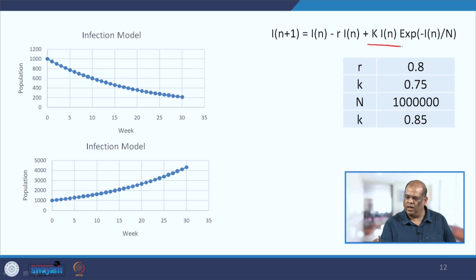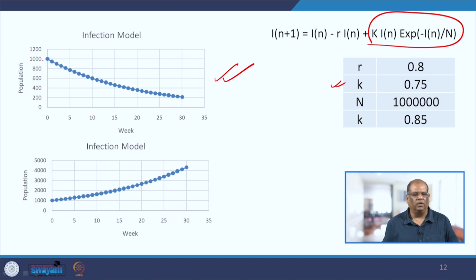Now, where the law changes to k times I_n multiplied by exponential minus I_n by n, in that particular case, I have taken the value of k to be 0.75 and this is the graph which I get. So, it starts with 1000 and with k equal to 0.75, I see that the system is stable about the equilibrium point I star equal to 0.